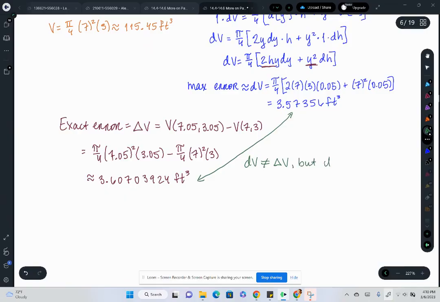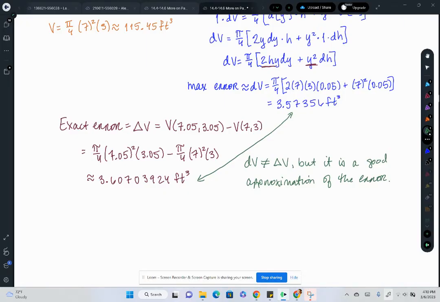But it is a good approximation of the error. Okay, now I wouldn't say it's fantastic, but it's pretty good. You know, if we were to round the dV value to the nearest tenth place, it would be the same as the exact error. So it's good to the tenth place, right?